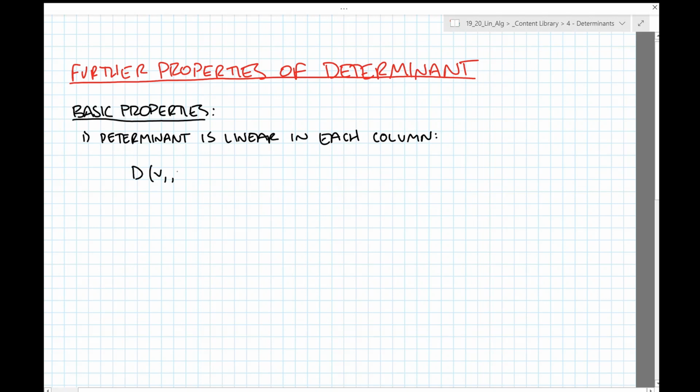v1, v2, and then some linear combination in a spot. So I've got alpha uk plus beta vk, if this is in the k spot, and then some more vectors in this bundle, up to vn.